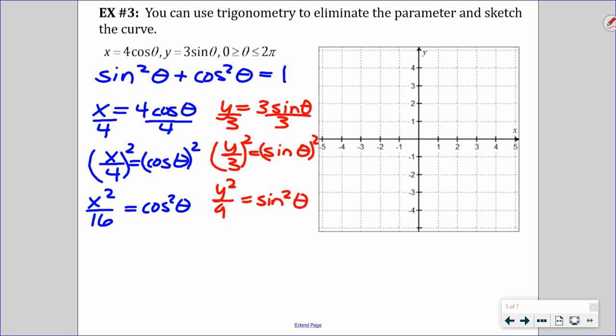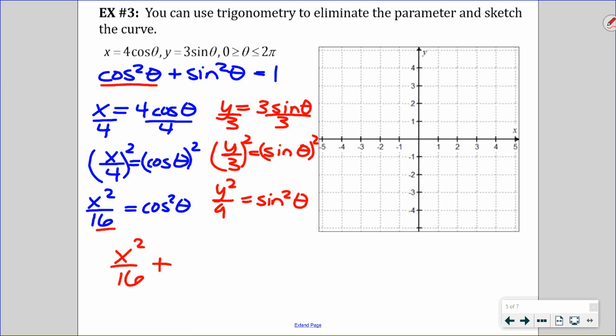And then I'm just going to plug into this Pythagorean identity, which I can also write as cosine squared plus sine squared. So if I plug into that and replace the cosine squared with x squared over 16, I'll get x squared over 16 plus, replace the sine squared with y squared over 9, and then this all equals 1.